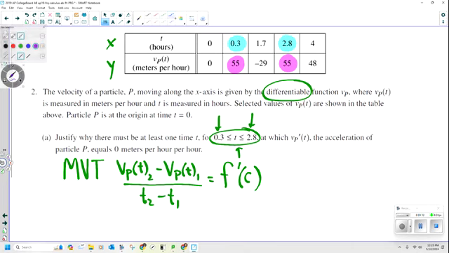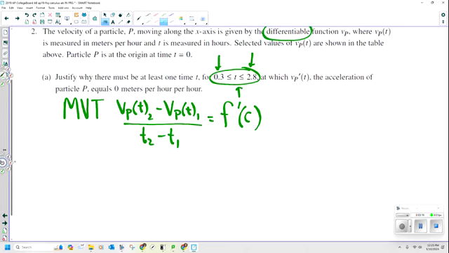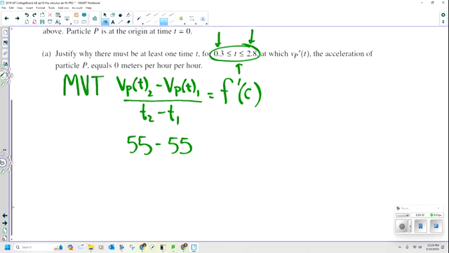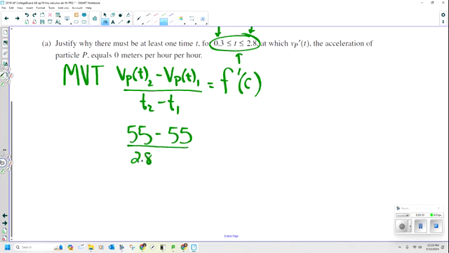So let's do this proper. 55 minus 55, this is y2 and y1, in case you need me to do this, y1, y2, x2, x1, over 2.8 minus 0.3. That's 0 over 2.5. That just equals 0. That has to equal the derivative at some point c in between.